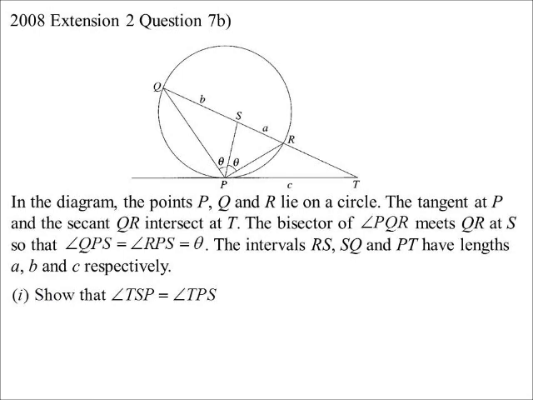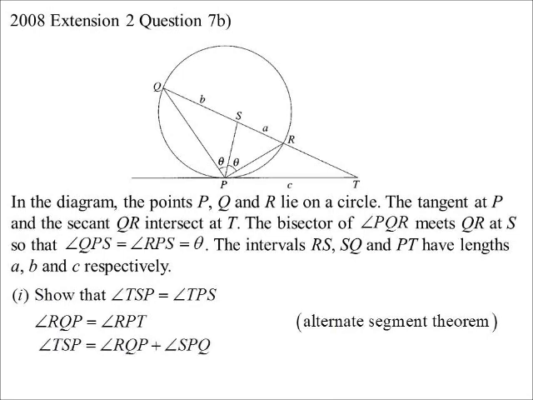So TSP and TPS. Well, RQP and RPT are the same, alternate segment theorem. So RQP and RPT. Now TSP is equal to RQP plus SPQ, exterior angle of a triangle.